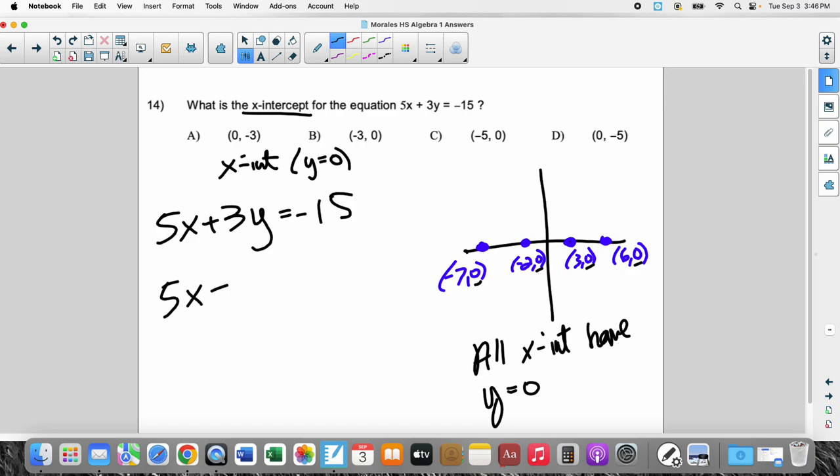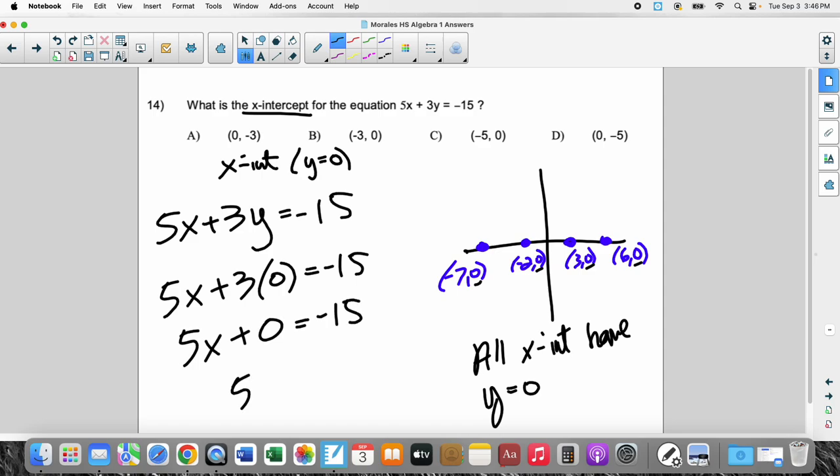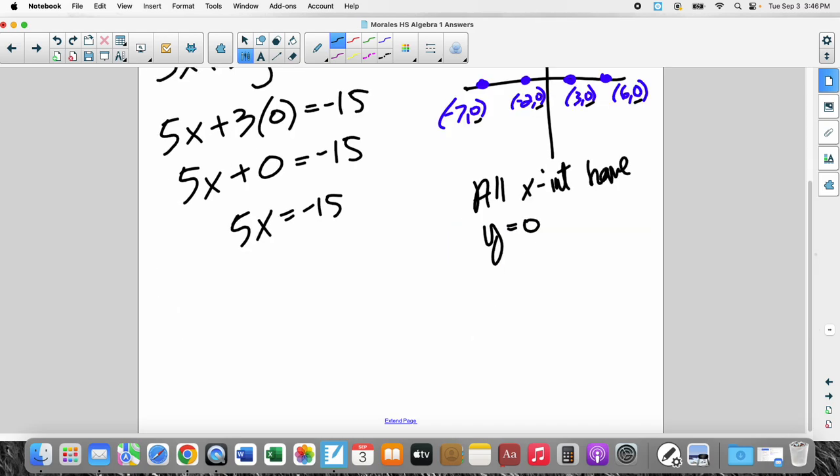So this equation now becomes 5x plus 3 times 0 equals negative 15. And that's 5x plus 0 equals negative 15. And that's 5x equals negative 15. And we would divide by 5, x equals negative 3.